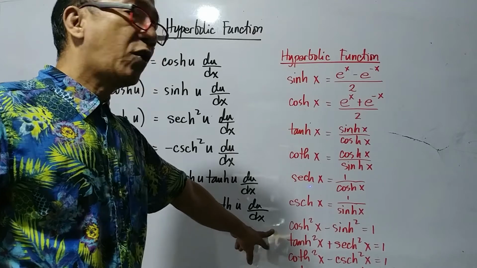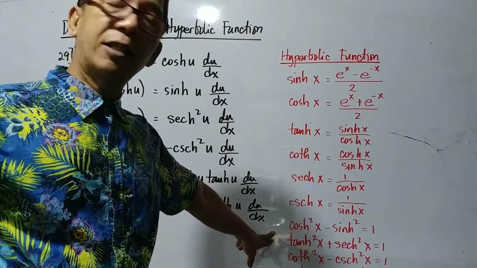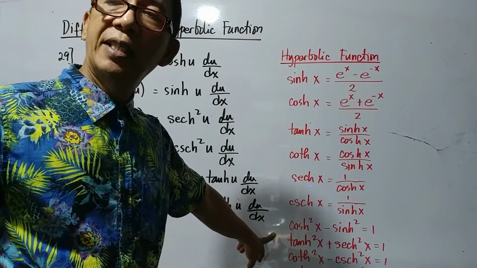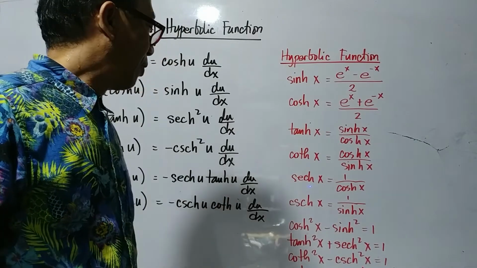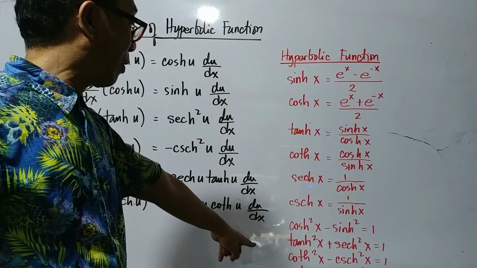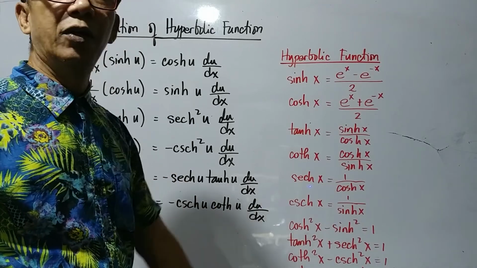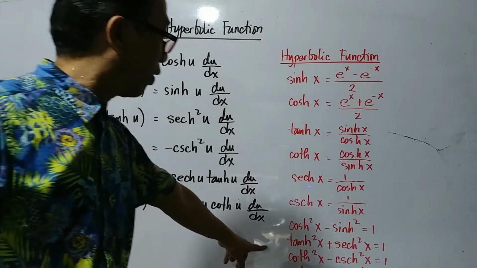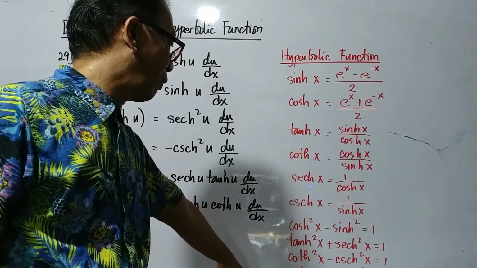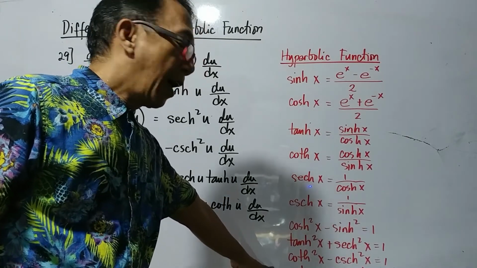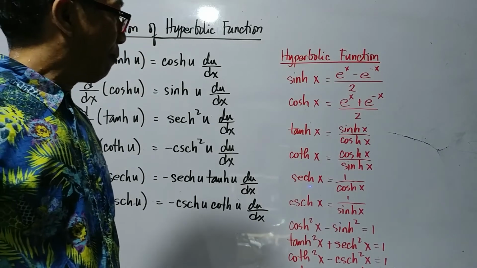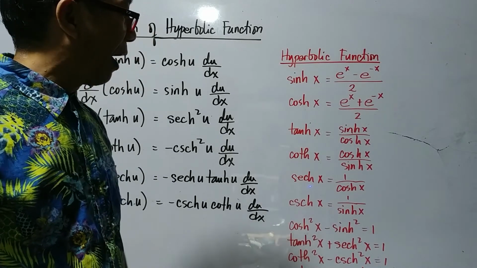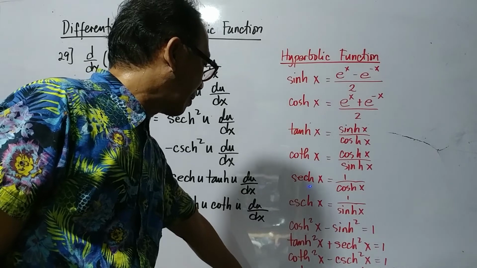Also, the square of the hyperbolic tangent x plus the square of the hyperbolic secant x is equal to 1. And also, the square of the hyperbolic cotangent x minus the square of the hyperbolic cosecant x is also equal to 1. And the hyperbolic sine 2x is equal to 2 hyperbolic sine x hyperbolic cosine x.